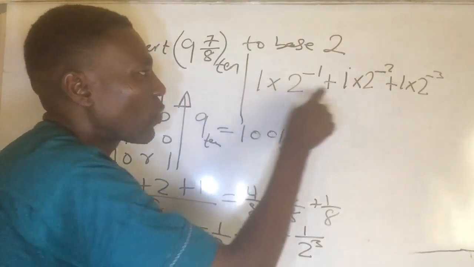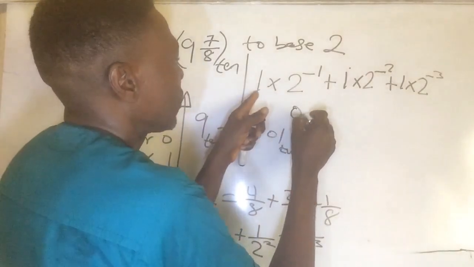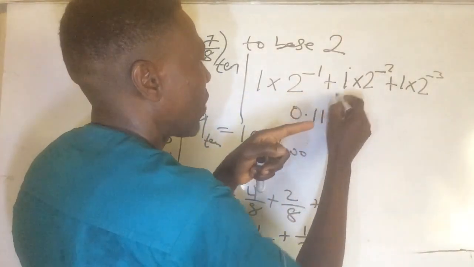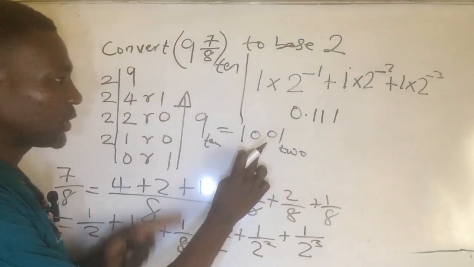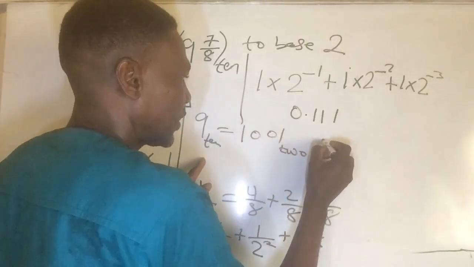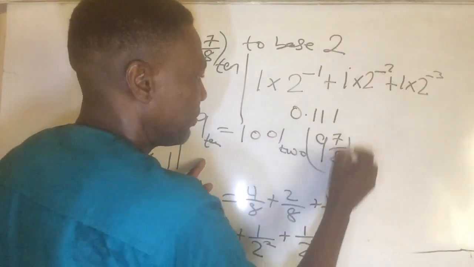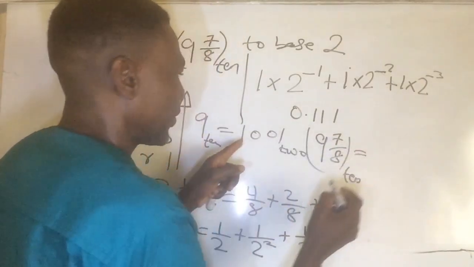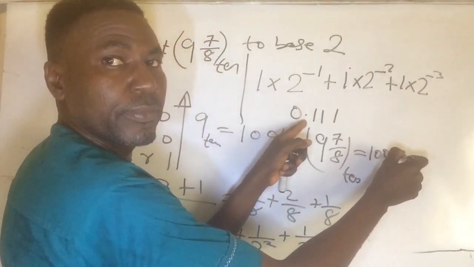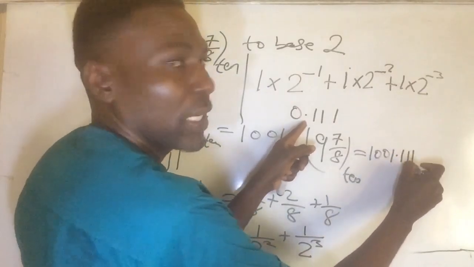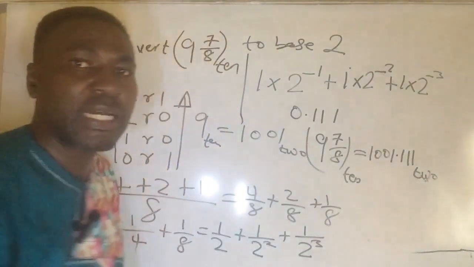The answer will now be 0.111. So finally, remember the one we collected here, the other one. So finally, the 9 whole number 7 over 8 base 10, the answer will now be 1001.111 base 2. That's how to work this.